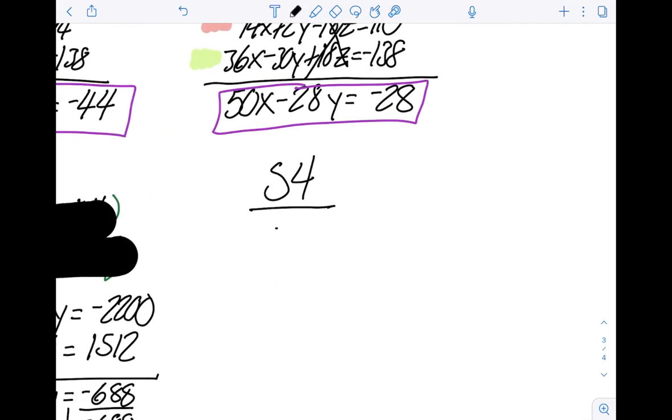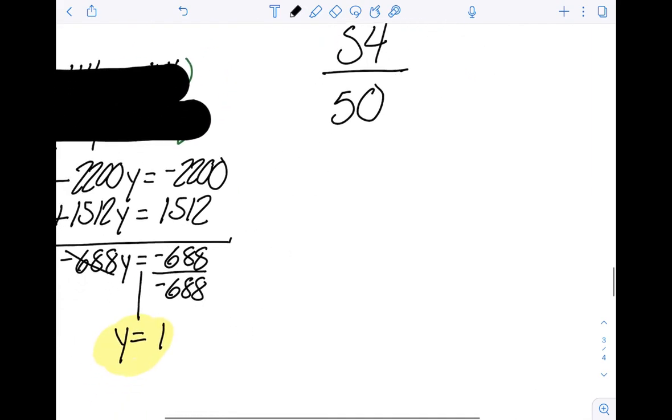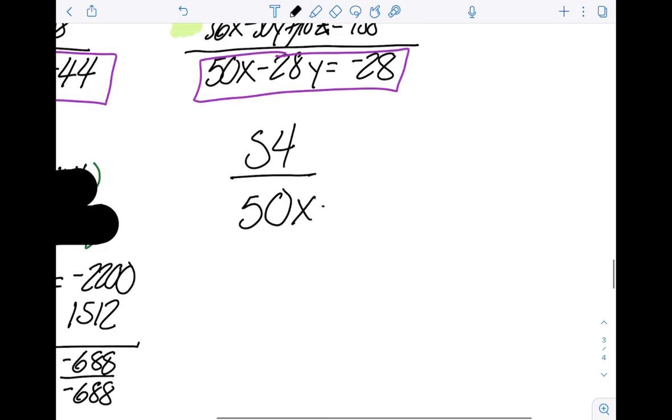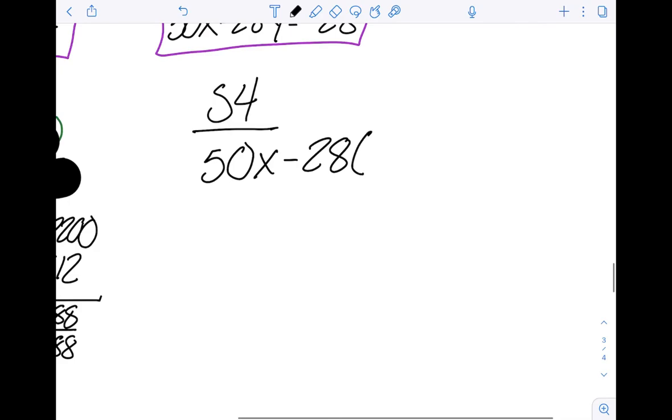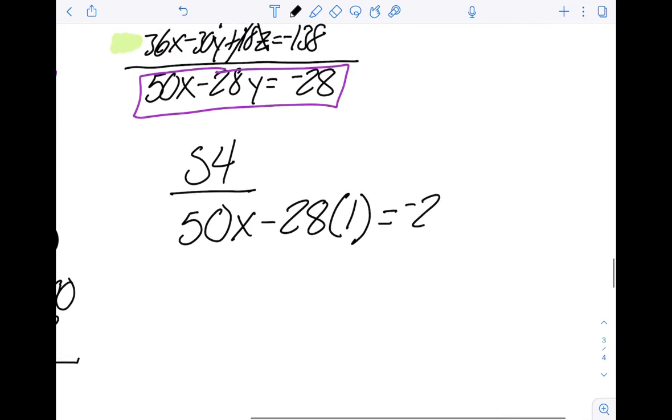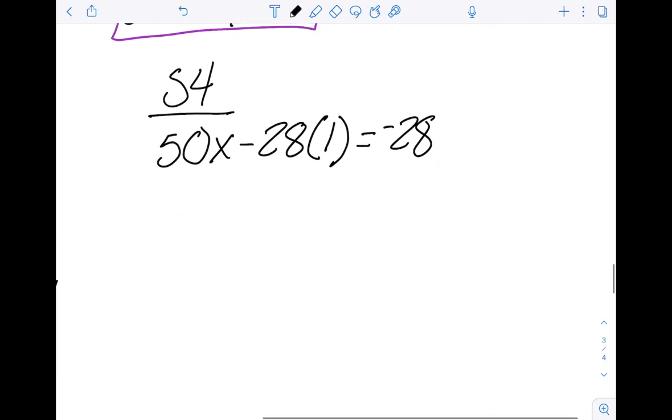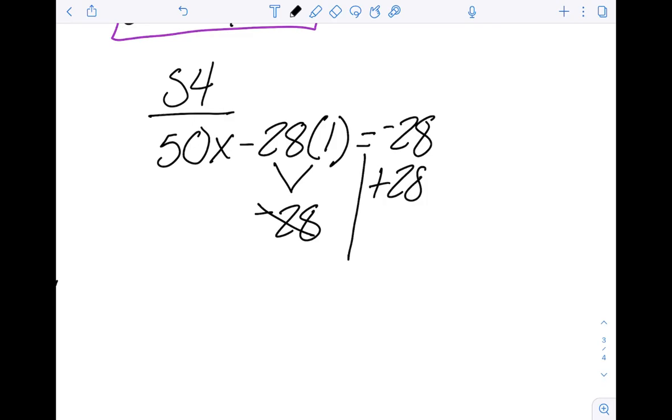So I'm going to go with 50, but instead of x, oh no, I don't have x. Minus 28, y, I have 1, is equal to negative 28, right? So negative 28 times 1 is negative 28. I'm going to move negative 28 over as positive 28.